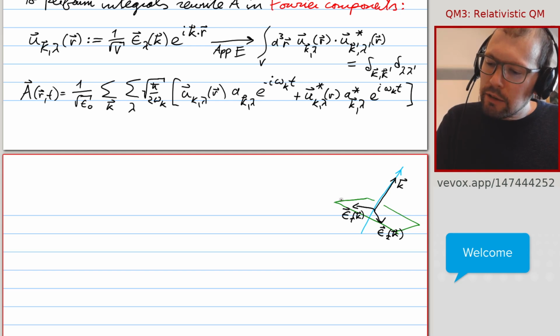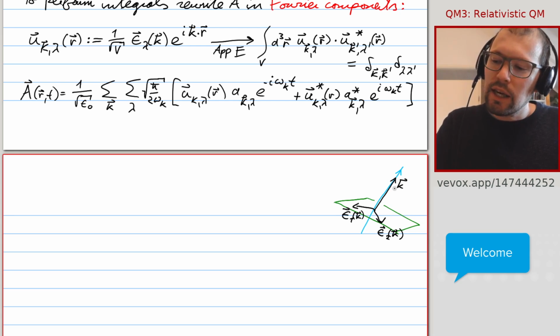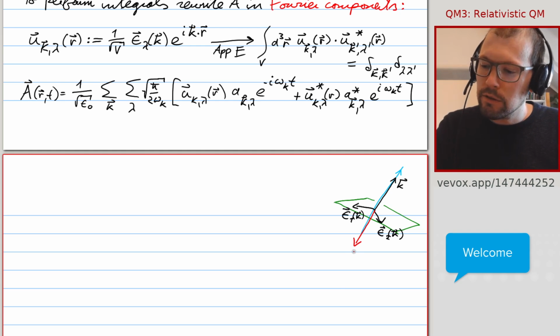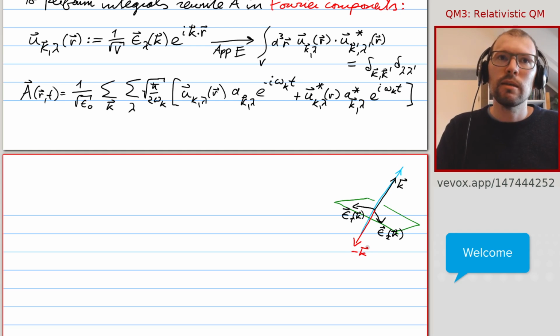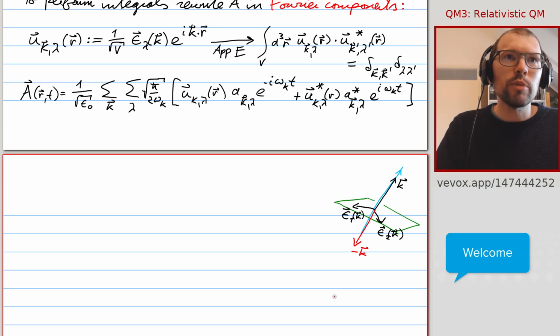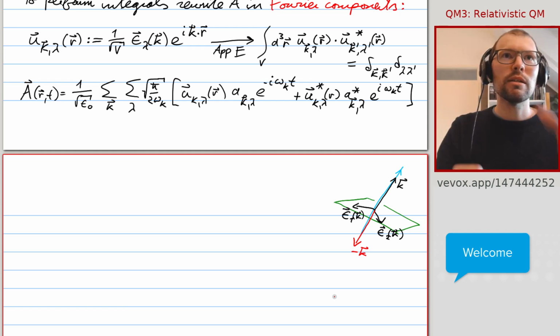But now we would like to relate these polarization vectors to the ones that I would get if I take k to go in the opposite direction, minus k. Now certainly the polarization vectors are still perpendicular to minus k, so they are an orthogonal basis, but it's not right-handed anymore. If it was right-handed to start with, it will be left-handed now.